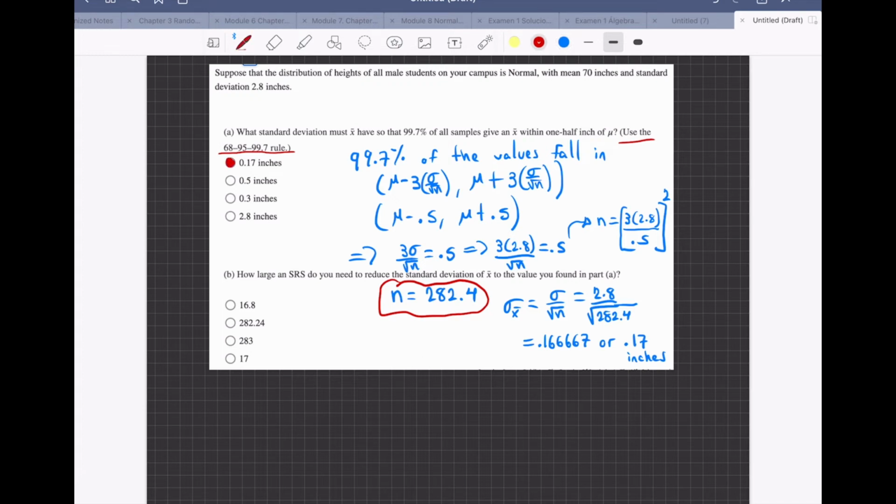Now, the question for part B is how large an SRS, simple random sample, do you need to reduce the standard deviation of x bar to the value you found in part A? Notice, we already have the answer here. This is the question for part A, and this one is the question for part B, 282.4.